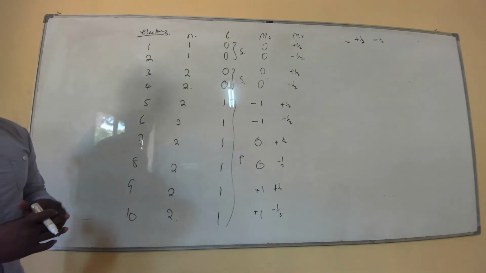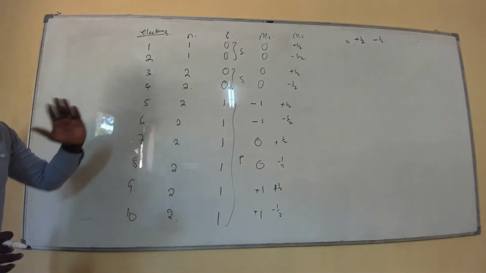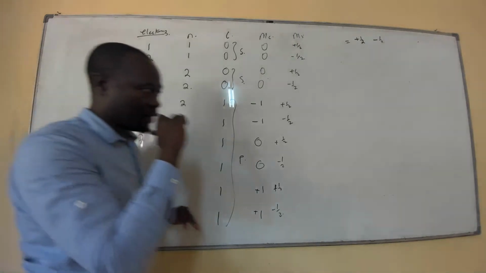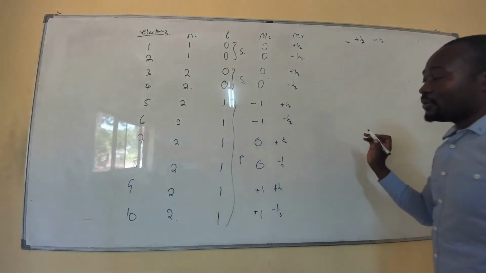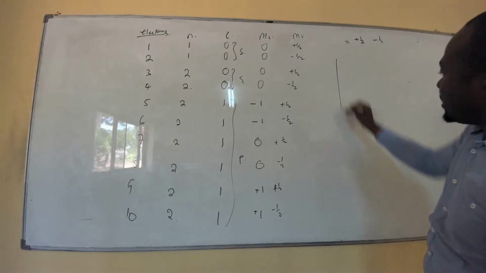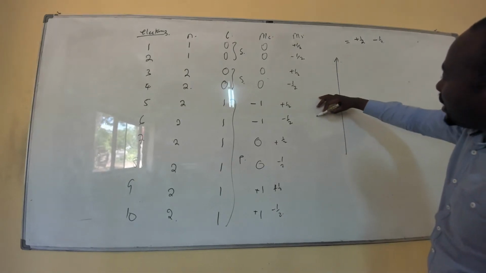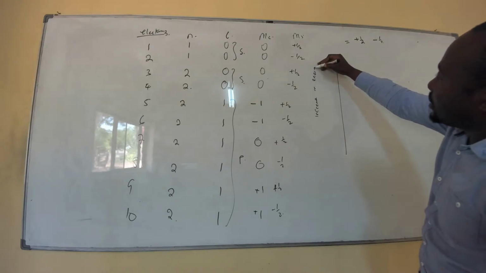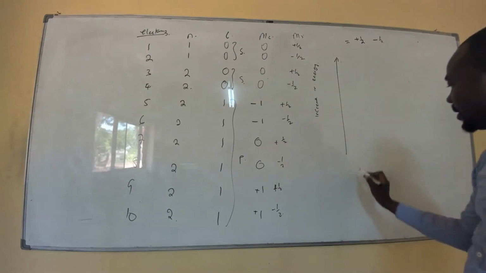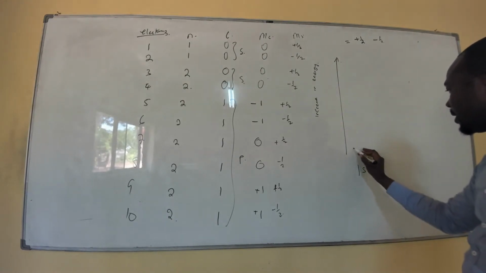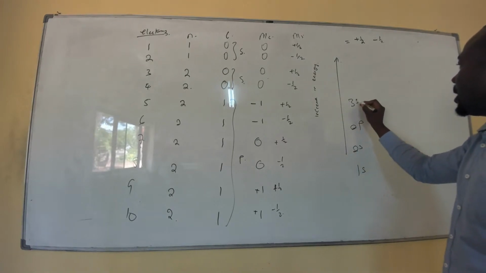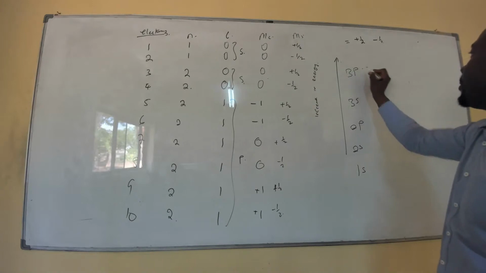So now, let me write the same thing using boxes, right? Let's say this is an increase in energy. We start with a 1s, 2s, 2p, 3s, and 3p.